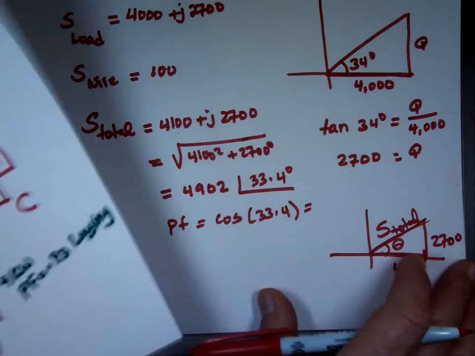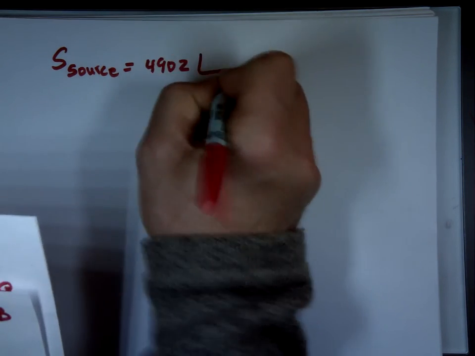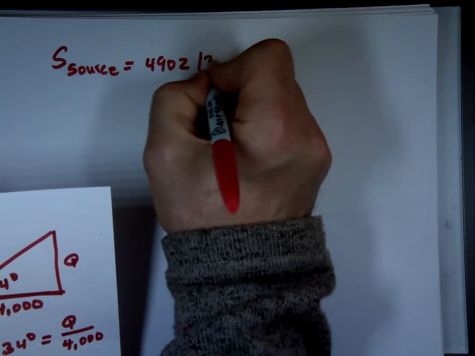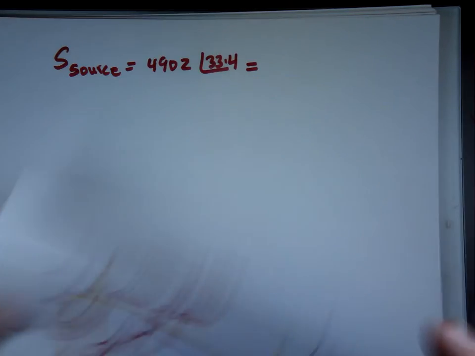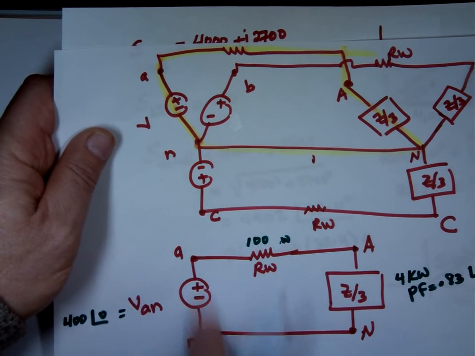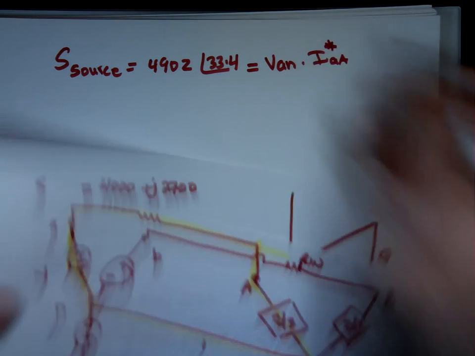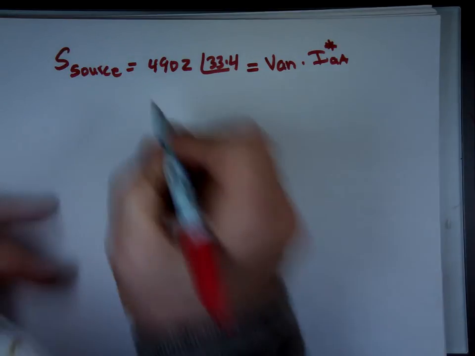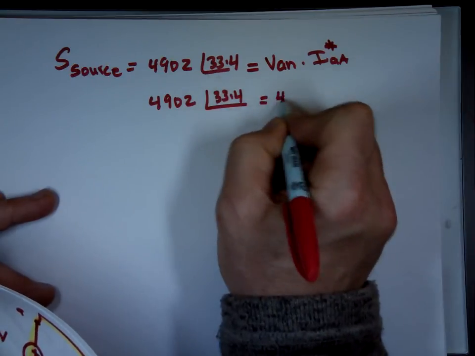As for the source, S is equal to what? I said 4902 angle roughly 33.4, equals the voltage, the voltage is V AN, times the current going through that, conjugate, which is the same current through this one. 4902 angle 33.4 equals 400 angle 0 times I sub AA conjugate.